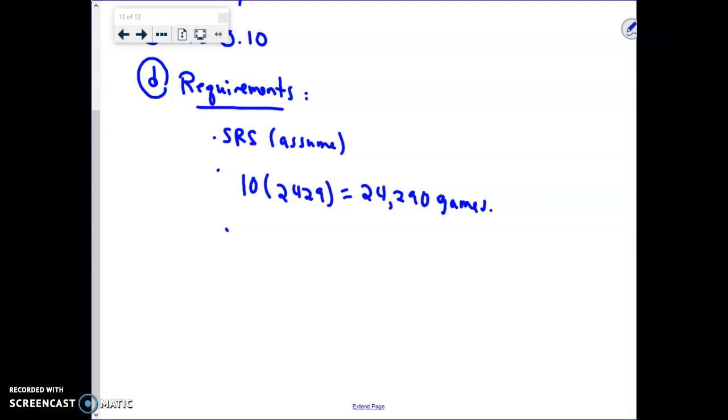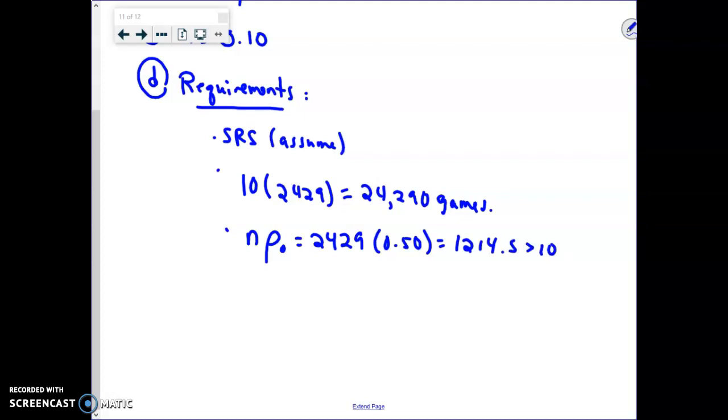And then finally, you take your sample size. Remember, this is N times our hypothesized proportion, which would be 2,429 games times 0.5, our hypothesized proportion, the percentage of times the home team would win the game, and they would win on average about 1,215 times, and that is larger than 10.